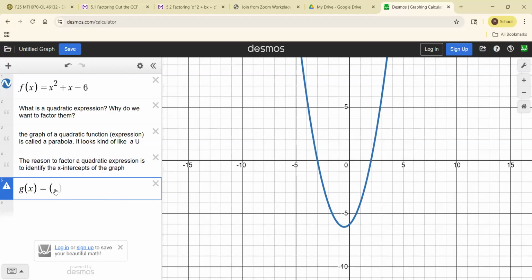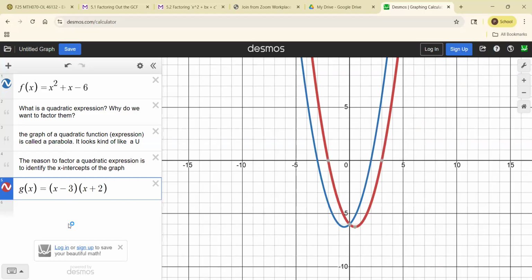Now, if I put in x plus 3 and x minus 2, sorry, let me start that over. I have an x-intercept at -3 and +2. So you might think I'd do x minus 3 and x plus 2. But unfortunately, that doesn't quite match.